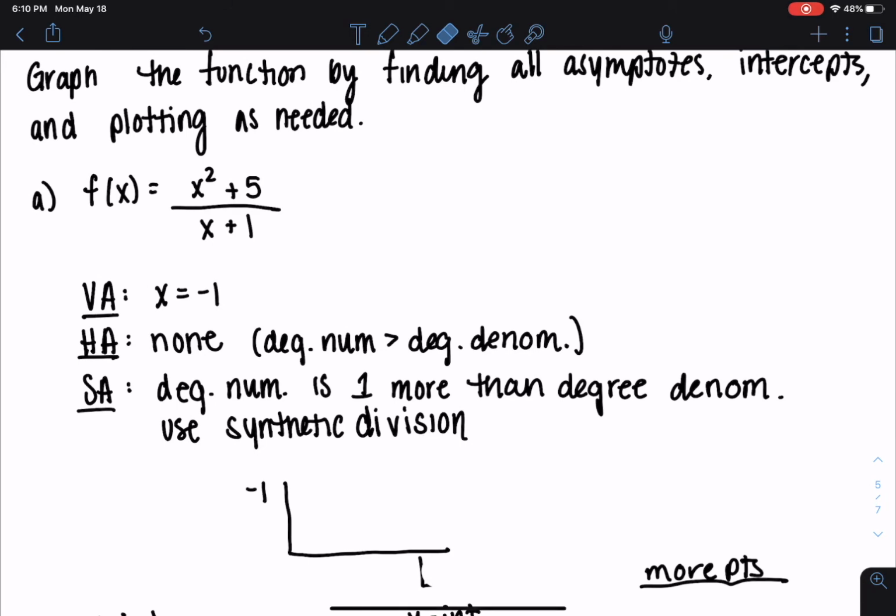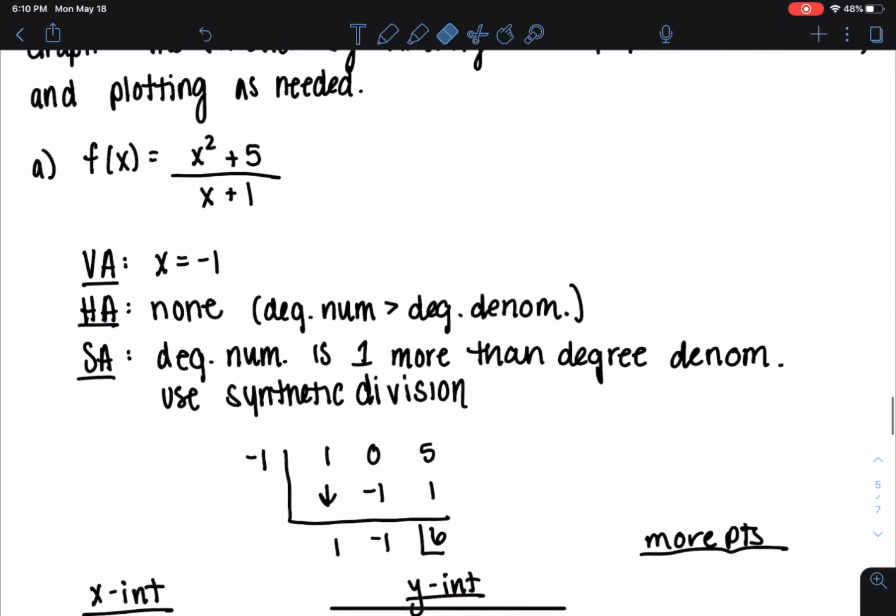We got a -1 because we're dividing by x plus 1, 1x squared, no x's, and 5. Bring the 1 down, multiply, add, multiply, add. Don't care about that 6. I only care about these two pieces here. So y equals x minus 1 is our slant asymptote.